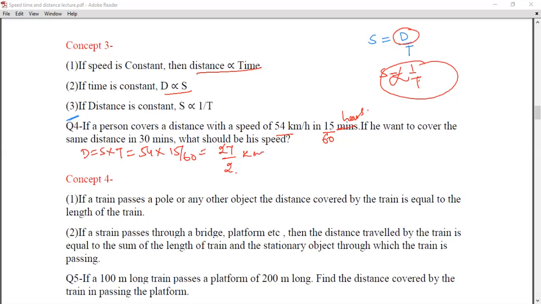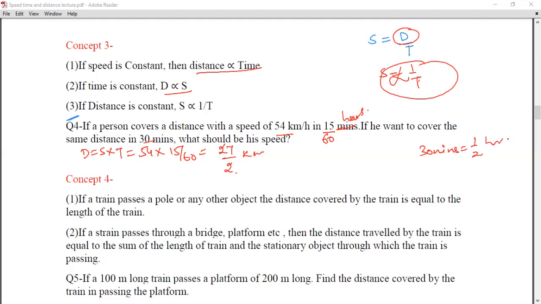Now they're saying, if we want to cover the same distance in 30 minutes, what should be his speed? Again, we have to change the time, which is now given as 30 minutes, into hours. So 30 minutes we can write as 1 by 2 hours.